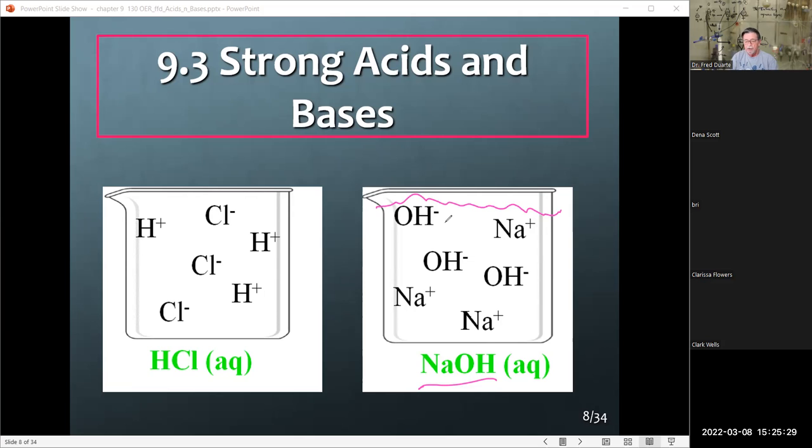So again, if I'm going to show three of these, 3 sodium hydroxide, then I must have 3 ions of each one, the positive sodium ion and the negative hydroxide ion, okay? So notice that nothing's been drawn with the 2 together. You'll see that's how we draw a weak base and a weak acid.